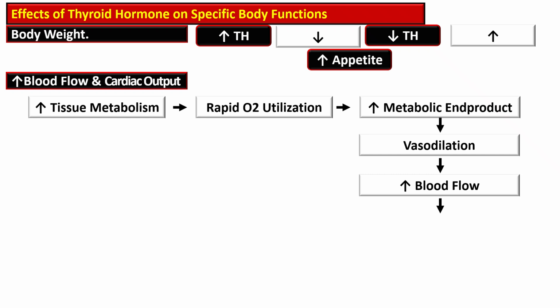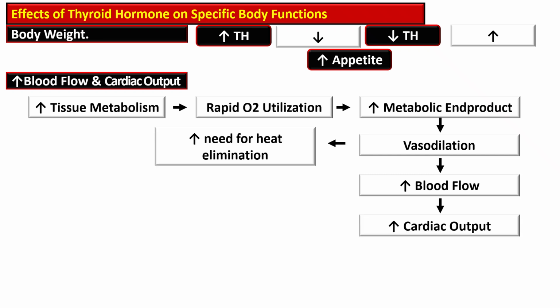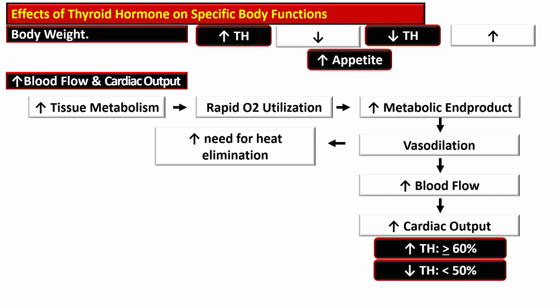As a result, there is vasodilation and increased blood flow to the area, so the cardiac output is increased, and there is increased need for the heat elimination also, that favors this vasodilation. So the cardiac output is increased in the hyperthyroid state. It increases about 60% of the normal, while in the severe hypothyroidism, it may go about half of the normal.